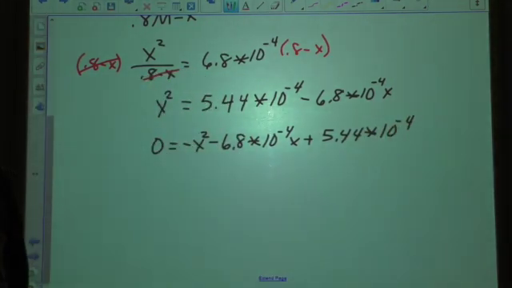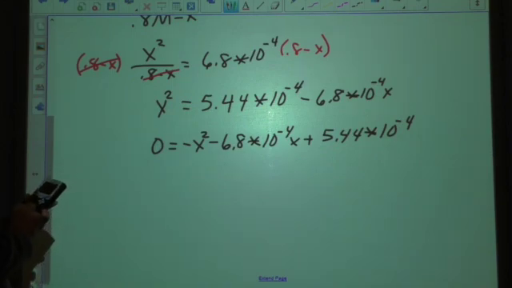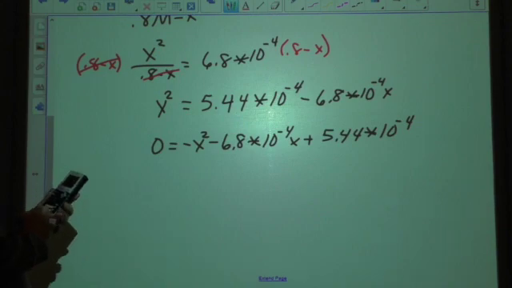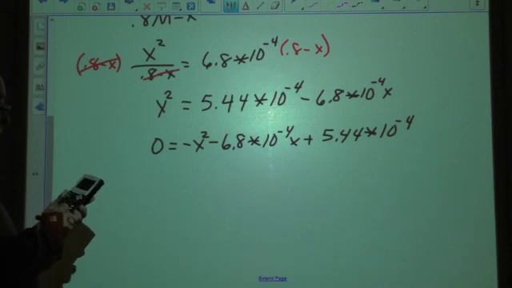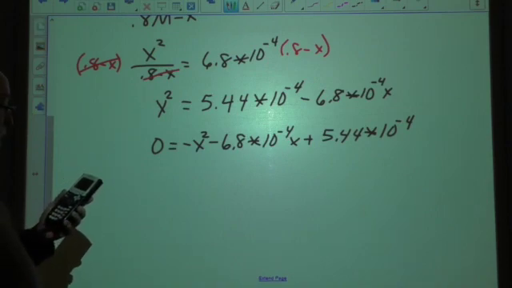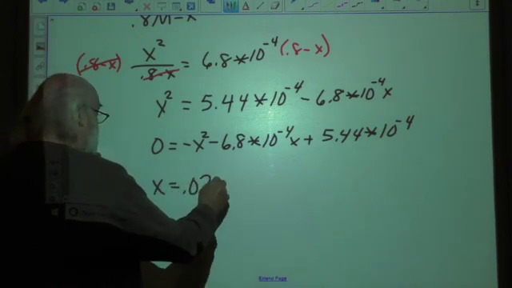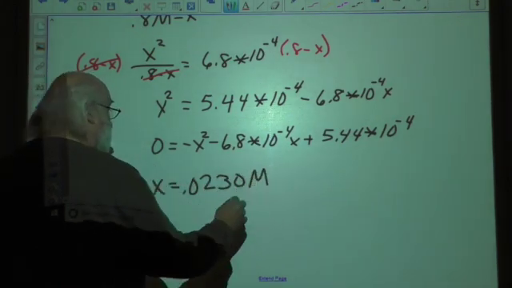And now we're ready for a little quad form here. So go to program, hit your quad form, and type in -1 for A, negative 6.8 E -4 for B, and 5.44 E -4 for C. And we get our positive value for X is 0.0230 moles per liter.